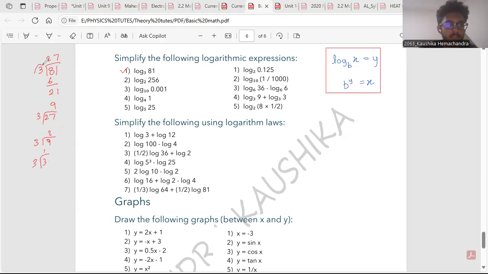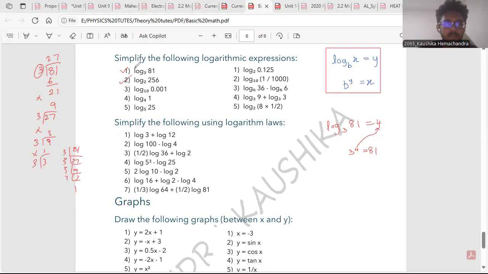So how many 3s are there? 3 into 3 into 3 into 3. So you get 3 to the power of 4. So log 3 of 81 is equal to 4. 3 to the power of 4 is 81. So this power is the simplified answer for the log.